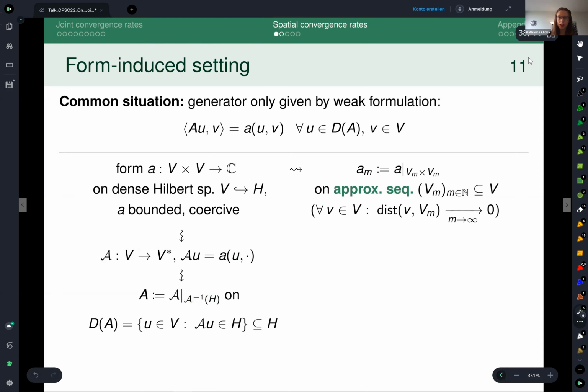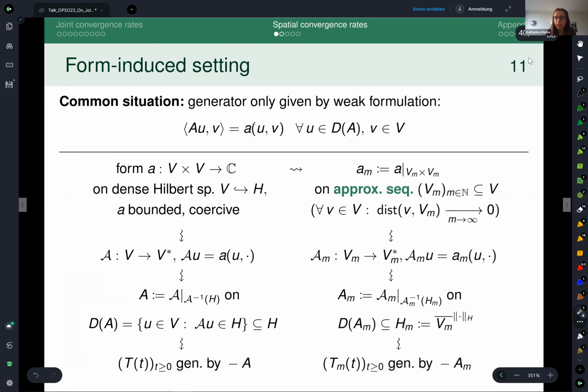This yields an unbounded operator on the domain of all U in V, such that curly AU is in H, equipped with the norm of H. And given that A is indeed bounded and coercive, minus A generates a semigroup T of t.